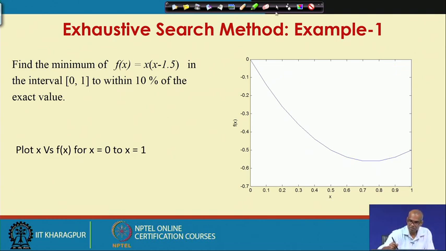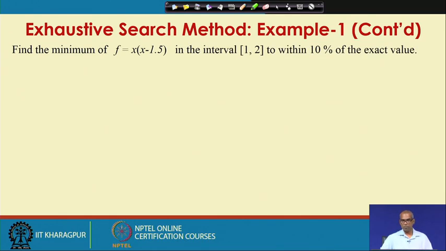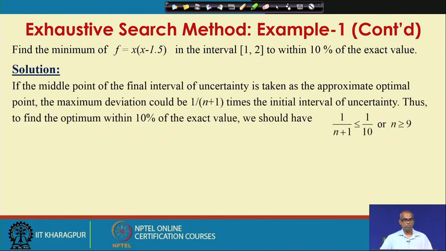So, now let us see how we find out the minimum of this function using the exhaustive search method. And we want to find the minimum within 10% of the exact value. If the middle point of the final interval of uncertainty is taken as the approximate optimal point, the maximum deviation could be 1 by n plus 1 times the initial interval of uncertainty.